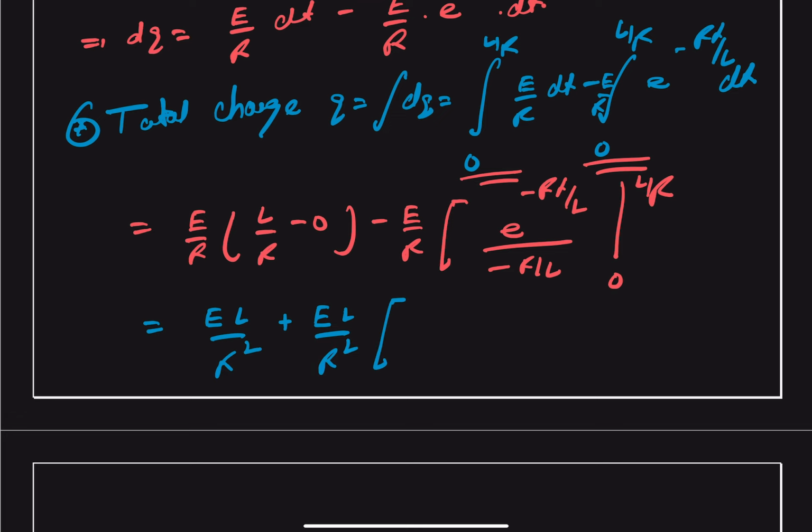Now we substitute the limits, and the upper limit is L upon R, so this becomes e raised to power minus 1, and the second is 0, so this becomes 1.